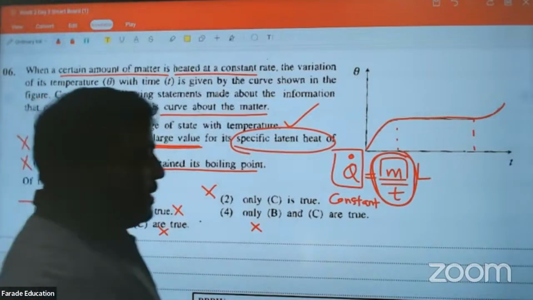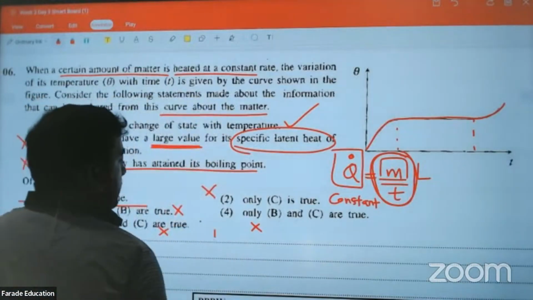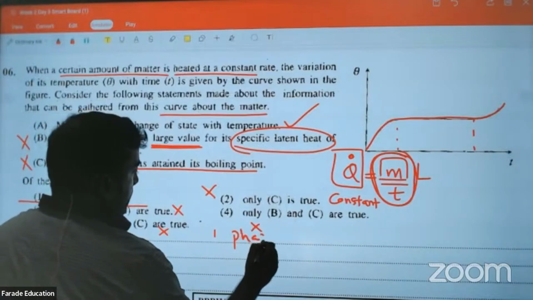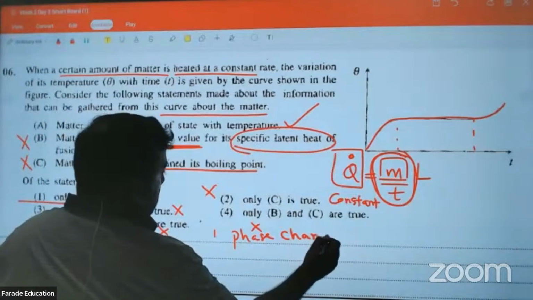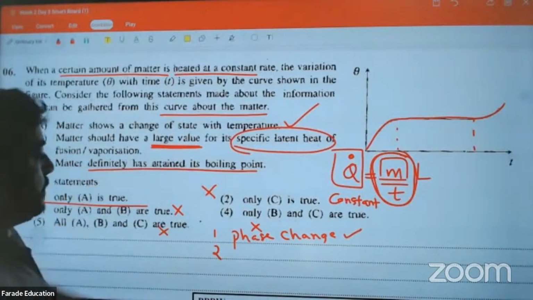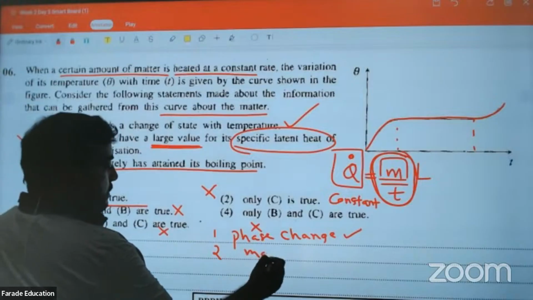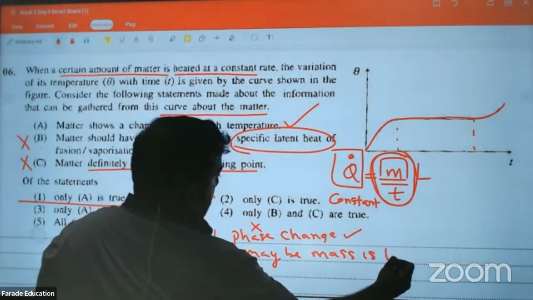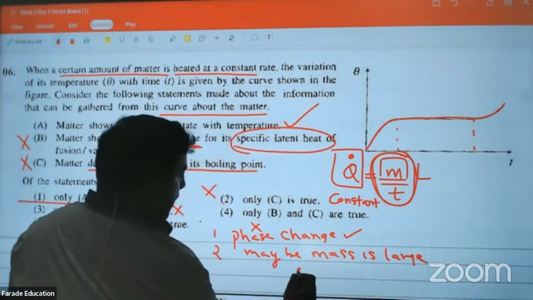Right? So if I summarize it, first one, phase change occurs. There is a phase change. Second statement, maybe mass is large. Therefore, longer time.